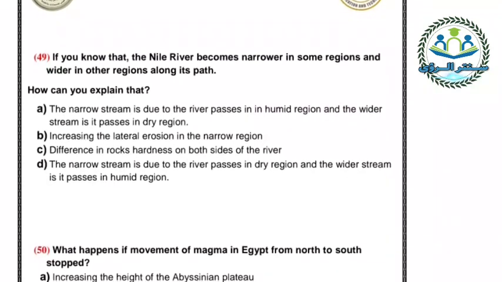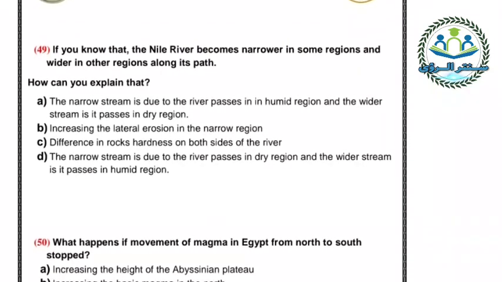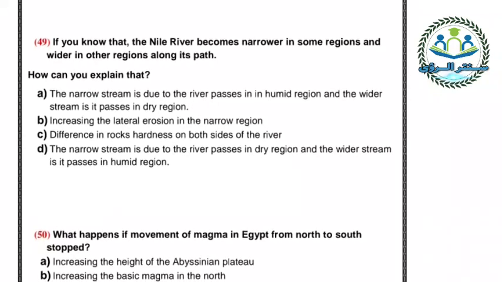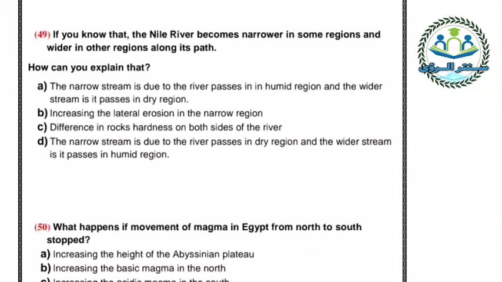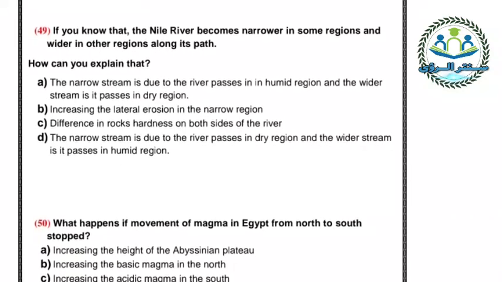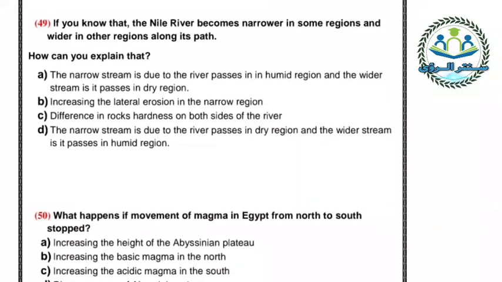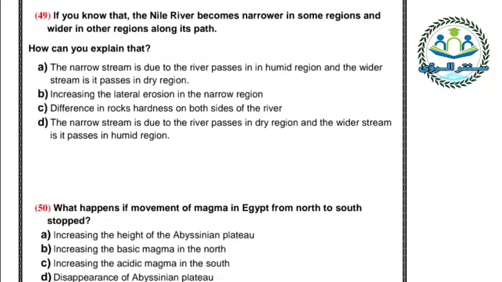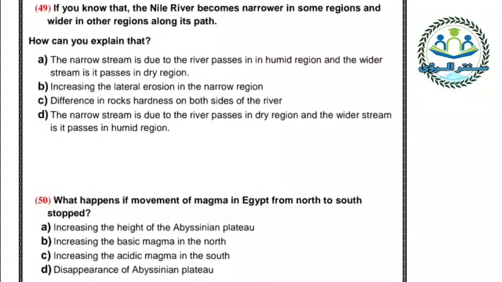B. Increasing the lateral erosion in the narrow region. C. Difference in rocks hardness on both sides of the river. D. The narrow stream is due to the river passing in a dry region and the wider stream is where it passes in a humid region.